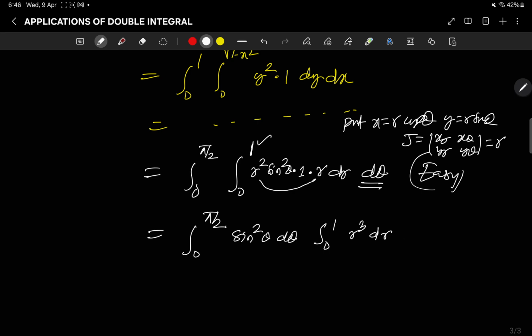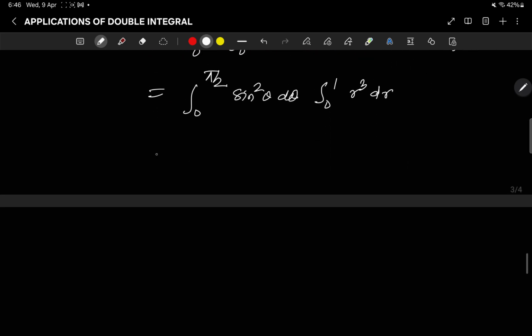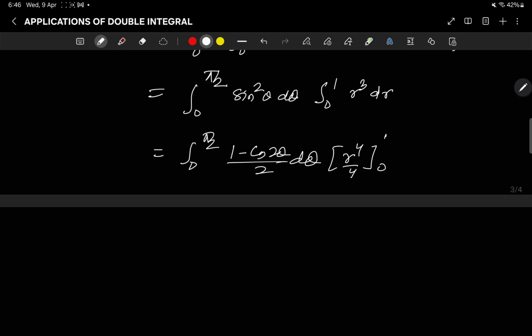Okay, so now if we evaluate the integral, it is here 0 to pi by 2, (1 minus cos 2 theta) by 2 d theta, and r to the power 4 by 4, 0 to 1.